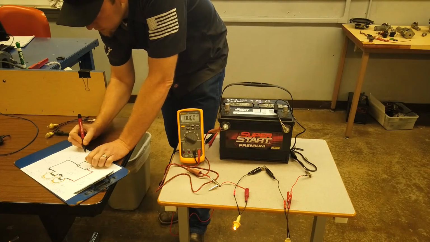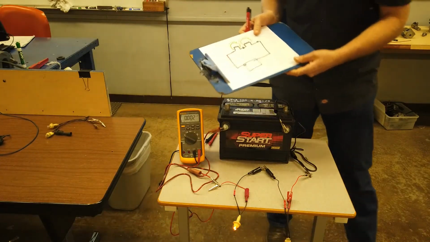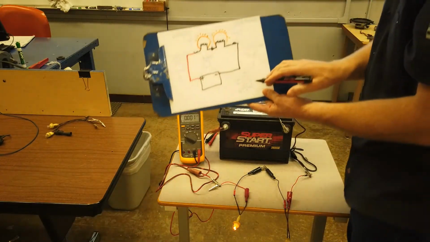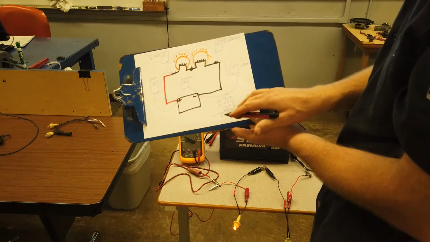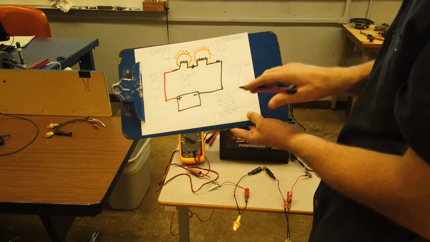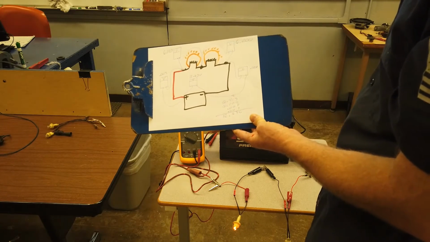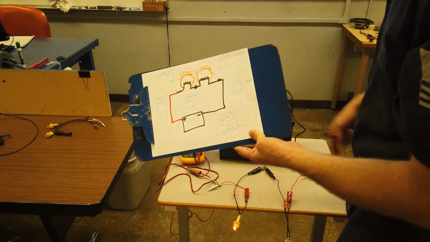Nice. Worked out perfect. So when I add all of that up, it adds right back up to exactly what we had before. And so just like the law says, the sum of all the voltage drops equals the source voltage.